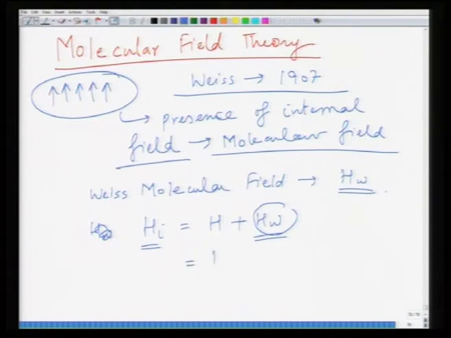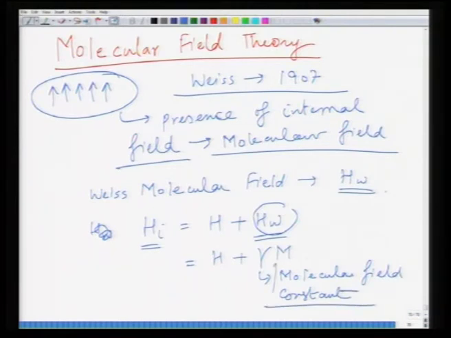HW was defined as some constant gamma multiplied by magnetization, and this gamma is called the molecular field constant. Gamma multiplied by magnetization is the extra effect present in the ferromagnetic material.